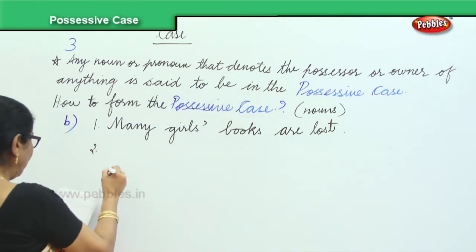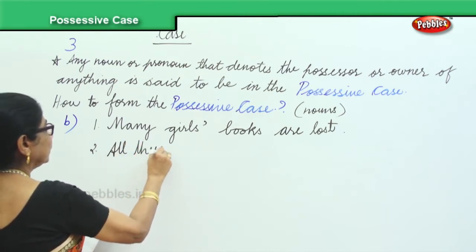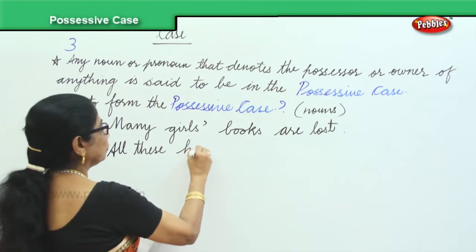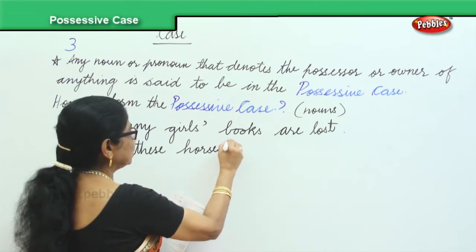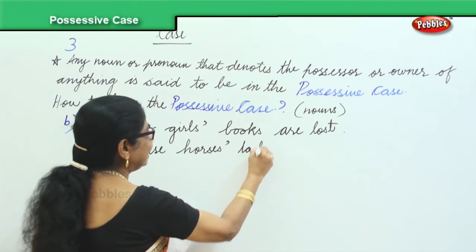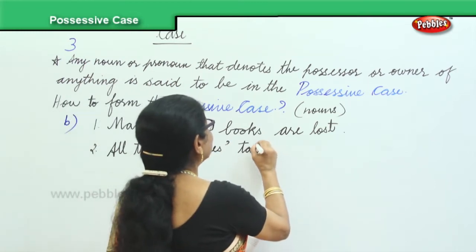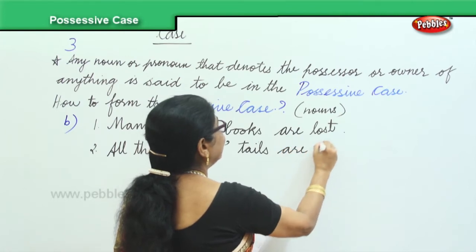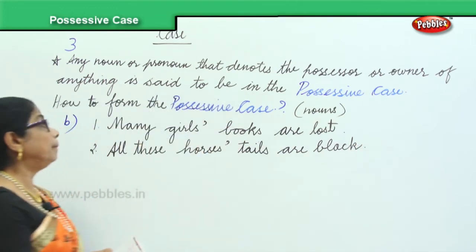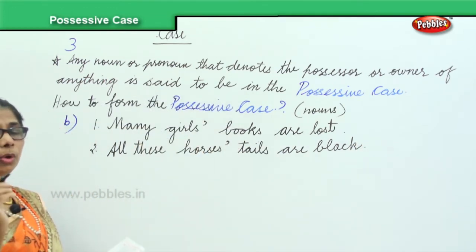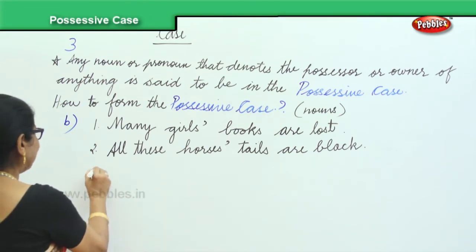Next we have all these horses' tails. All these horses' tails are black. Many girls' books, not one girl, many girls. Many horses' tails, they are all black.